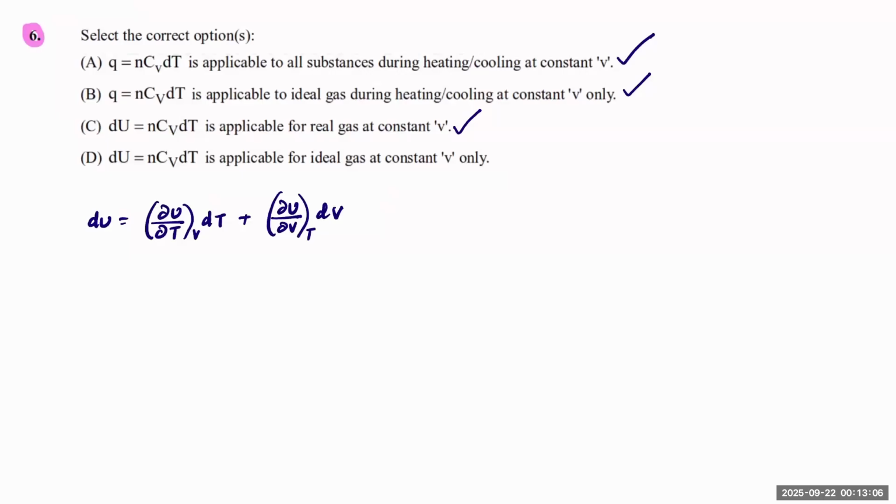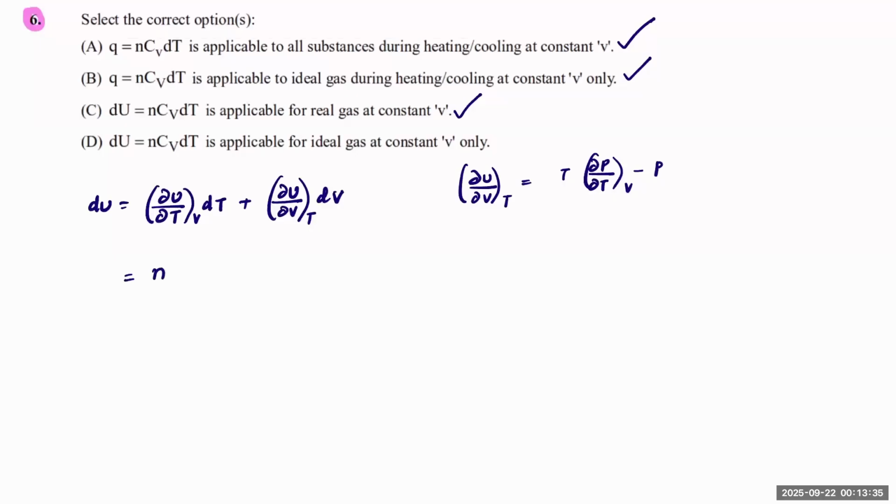And what is the first equation of state? (dou U by dou V) at constant temperature can be written as T into (dou P by dou T) at constant volume minus P. This is what we know.